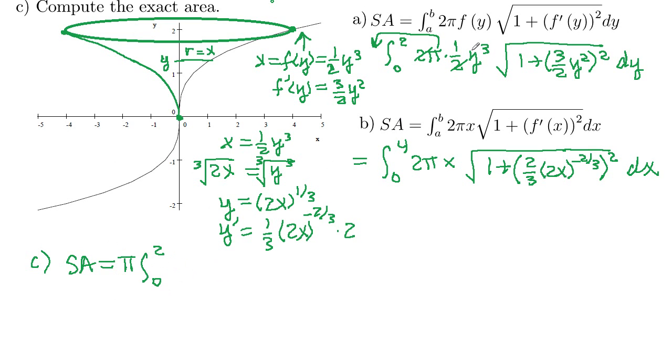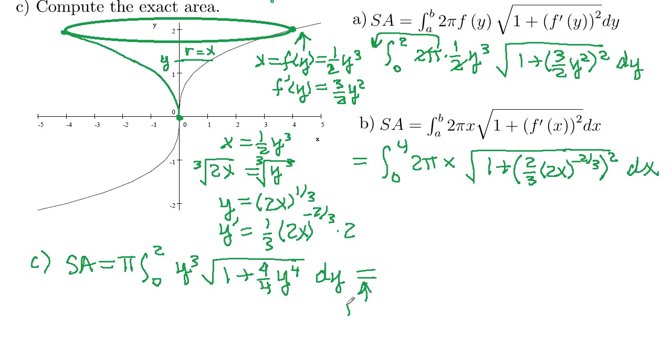We have a y cubed left here, and then square root 1 plus. Square the 3/2, we get 9/4. Square the y squared, we get y to the 4th. And dy. And check it out here, y to the 4th and y cubed. So that's all set up for a u substitution here.